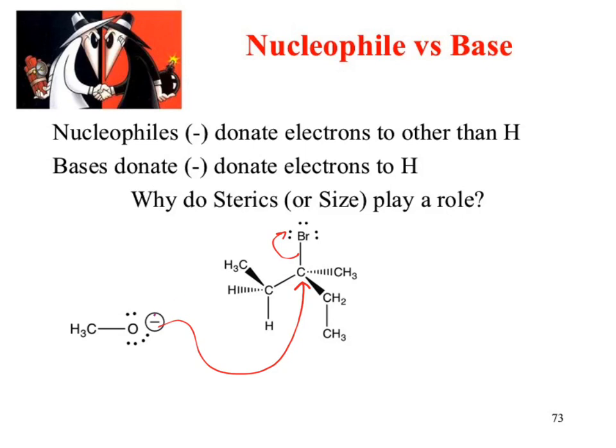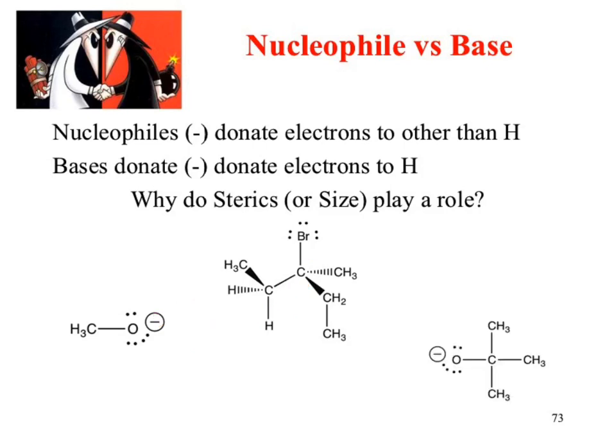Couldn't it also remove a hydrogen? Yeah, that species could act as both the nucleophile and the base. Because it is smaller, we might be trying to lean towards it acting as a nucleophile preferentially. Right? But it really has both options available to it.